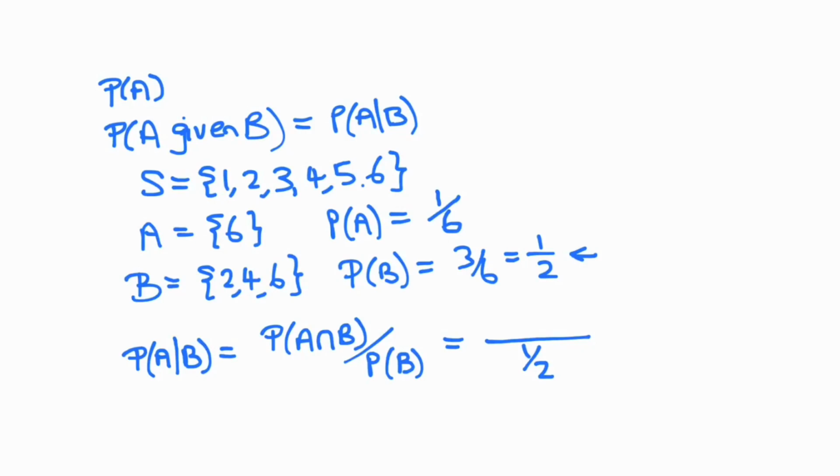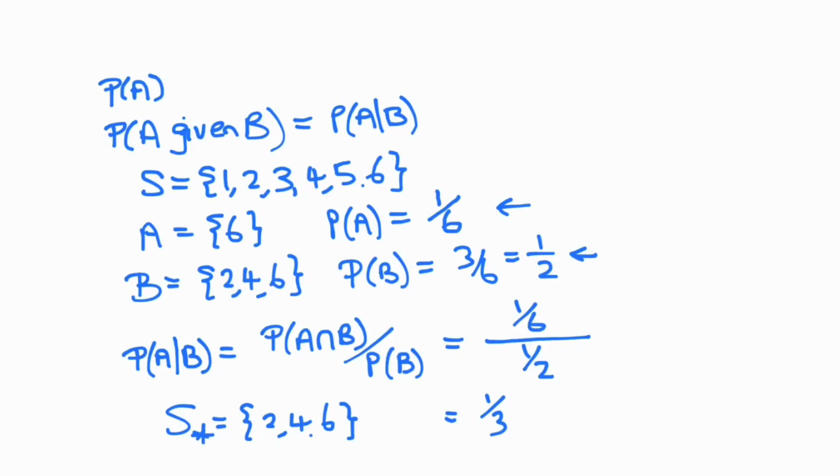And the probability of A and B, so A is just 6, B is 2, 4, 6, A and B is just 6. And the probability of a 6 is 1 over 6 from over here. And if you divide this, we get 1 over 3, which is the same as the probability of A given B that we found earlier by using the S asterisk, the new sample space.